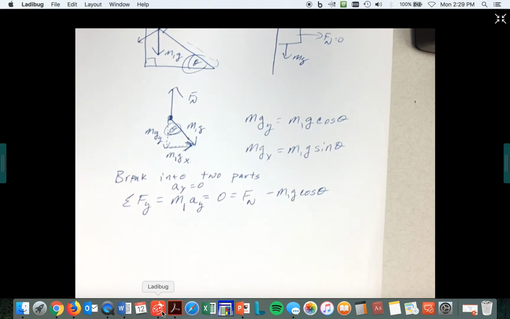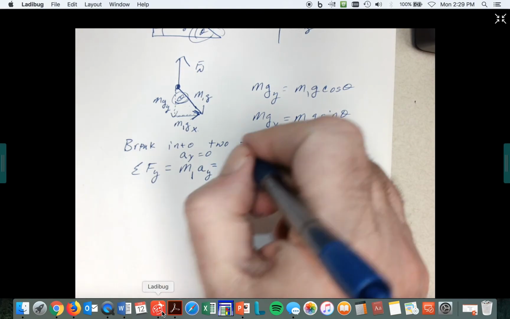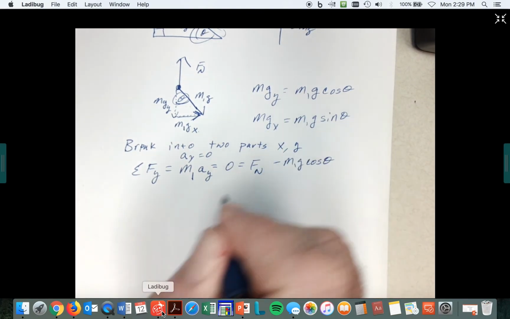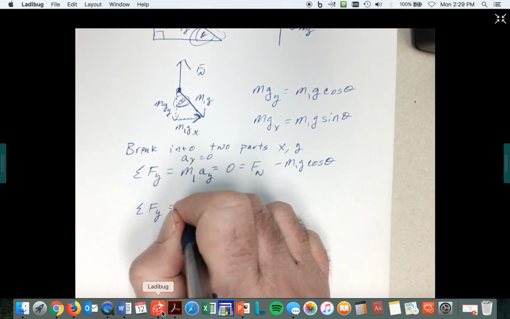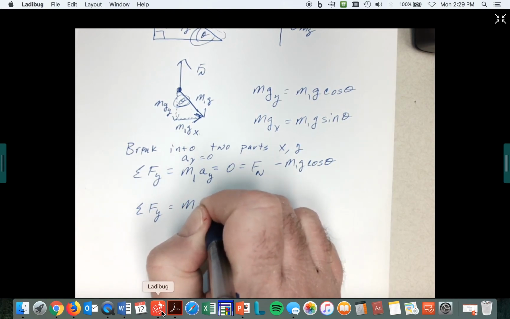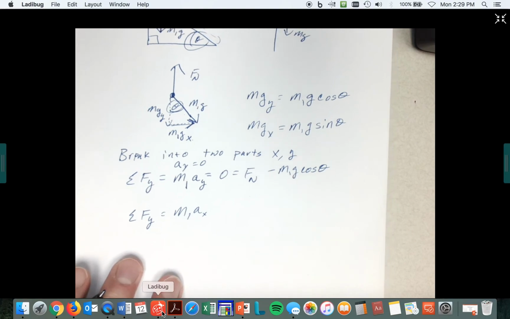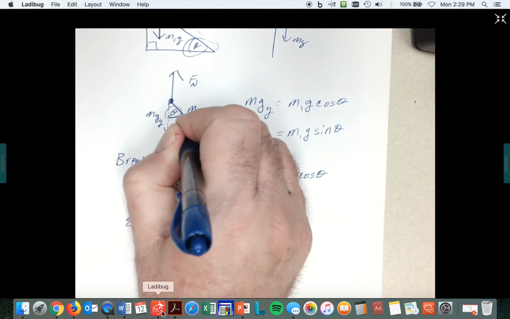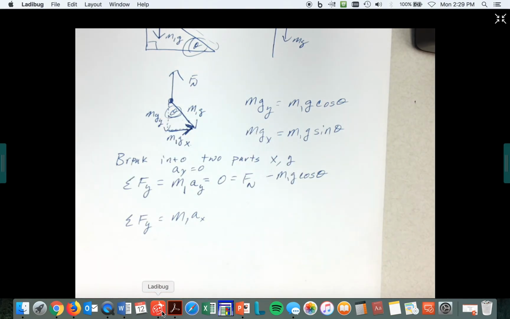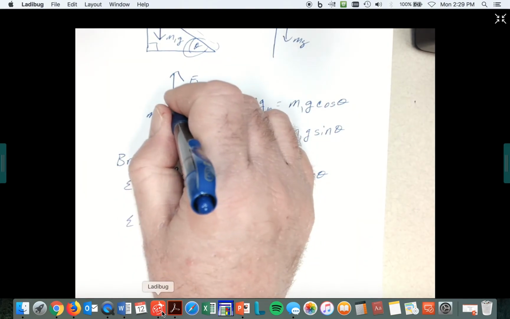Now we're breaking into the x and y components. So now the sum of the forces in the x direction is equal to m1 times ax, the acceleration in the x direction, and this definitely has an acceleration vector in the x direction. Is there anything else operating on the block?